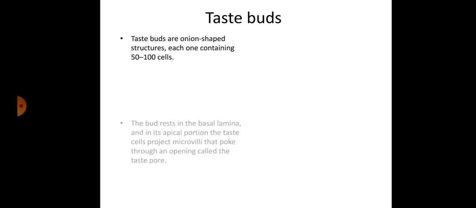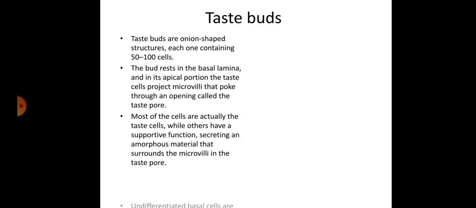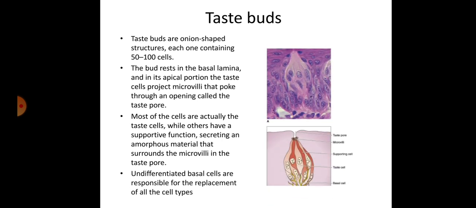What is a taste bud? Taste buds are onion-shaped structures that contain about 50 to 100 cells.